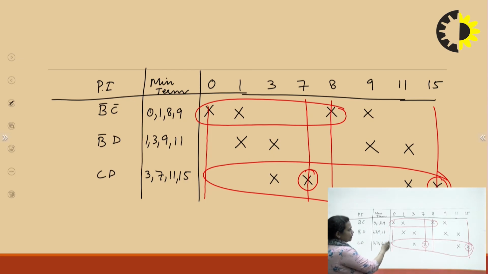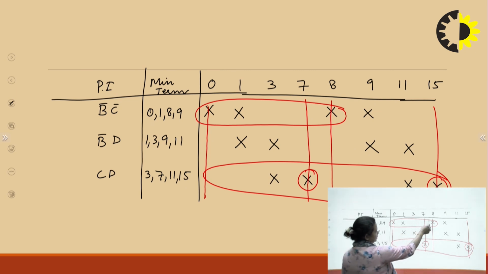Then I have to check whether that 0 exists in another PI or not. If it does not, then I put this straight line. Similarly I will check for 1. 1 exists in 2, so I will not mark it with a straight line. 3 I have checked. 7 exists only once, so that is why I have put a straight line. Similarly 8 and 15 also.